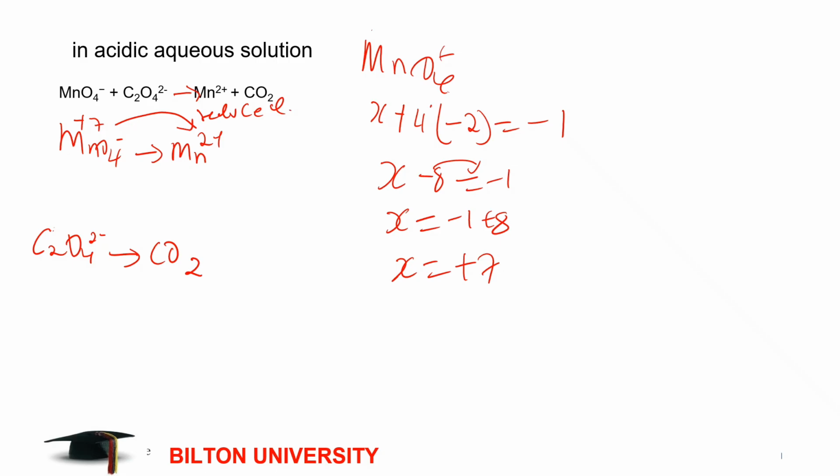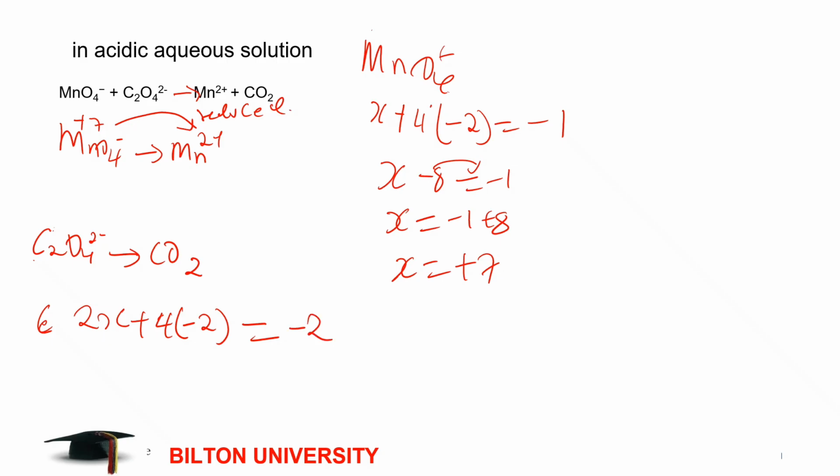Let's look at the carbon. On the carbon, we need to check the oxidation number of carbon on the left hand side and the carbon on the right hand side. So we have two carbons there. We're going to say 2x plus 4 atoms of oxygen, times -2, which is the oxidation state of oxygen, is equal to the overall charge of the oxalate, which is -2.